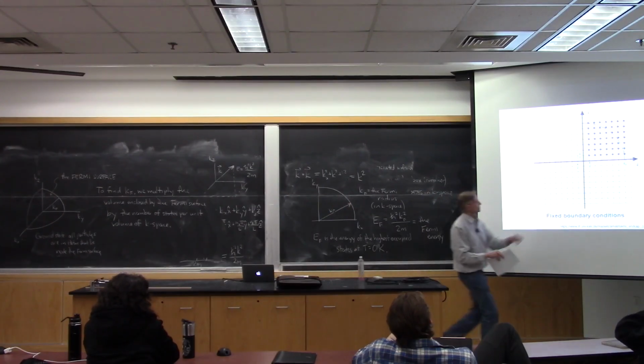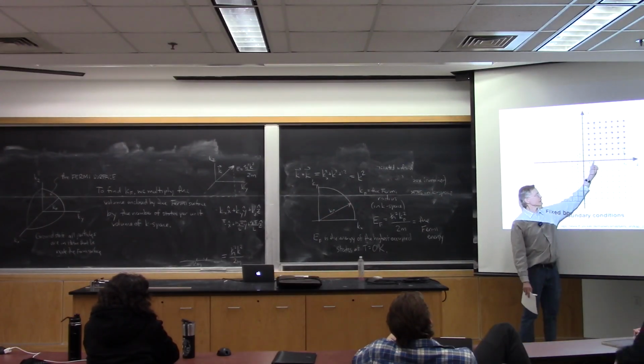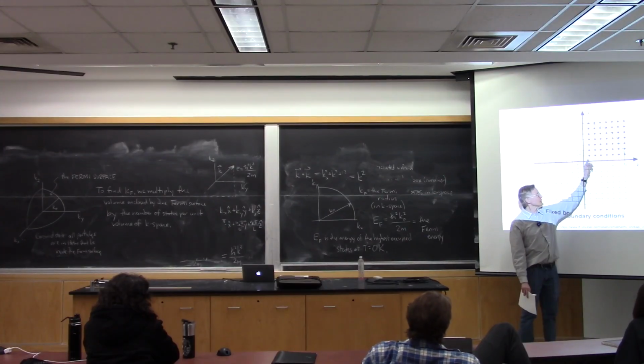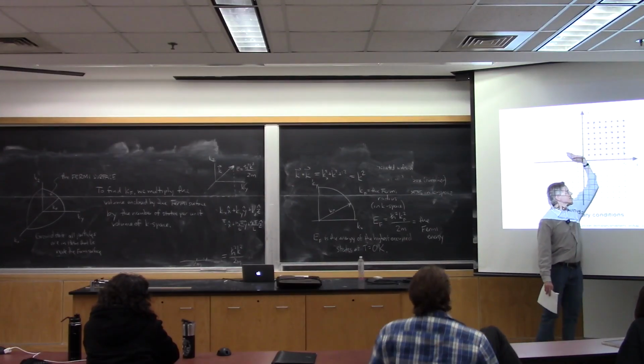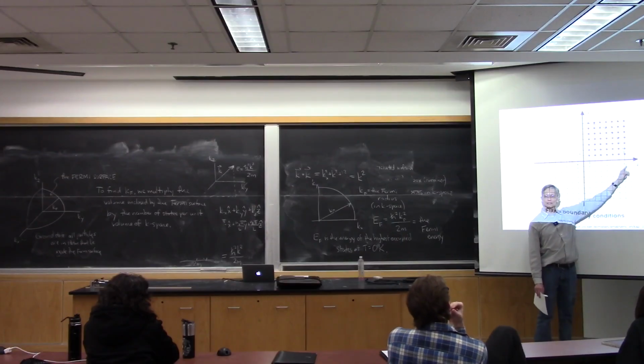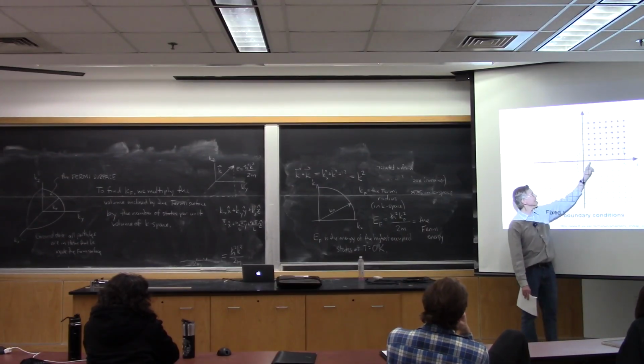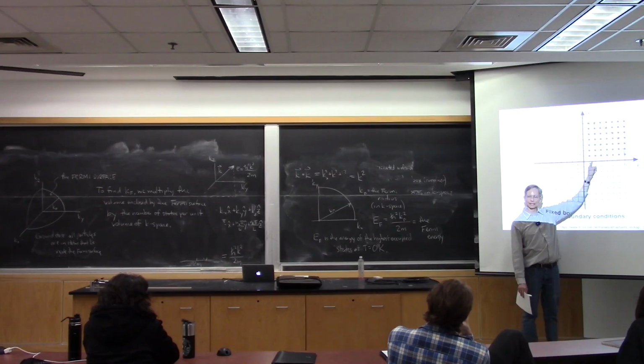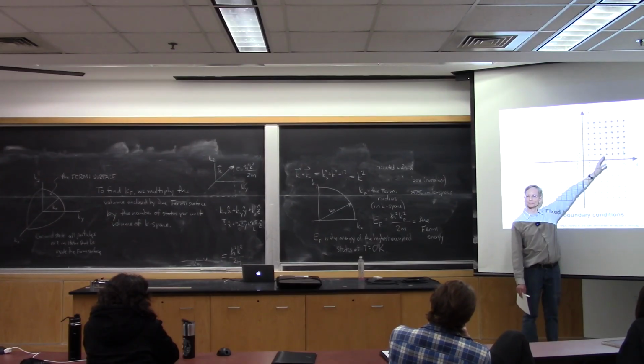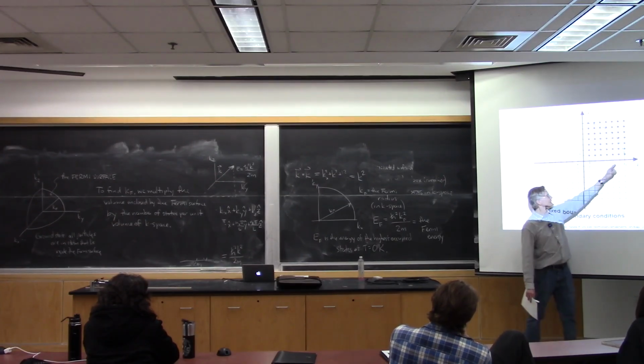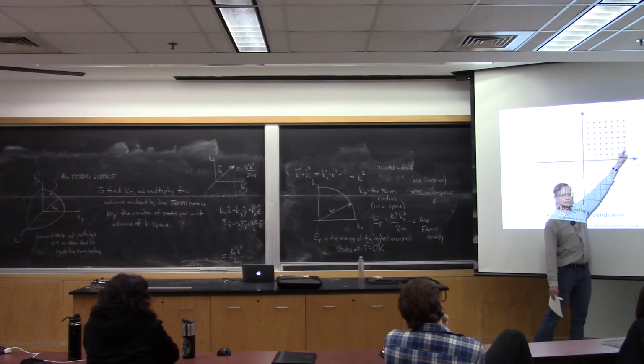So each of these squares has area pi squared over L squared, right? So I take 1/4 pi k Fermi squared and divide that by pi squared over L squared, and that's the number of squares inside of there, to an awfully good approximation. We're missing the fact that some of them are partial squares.